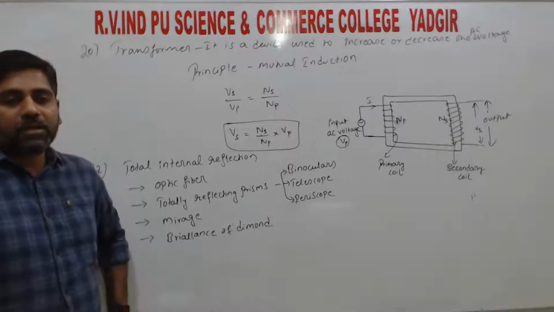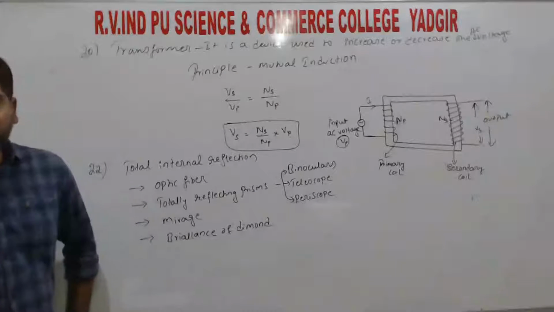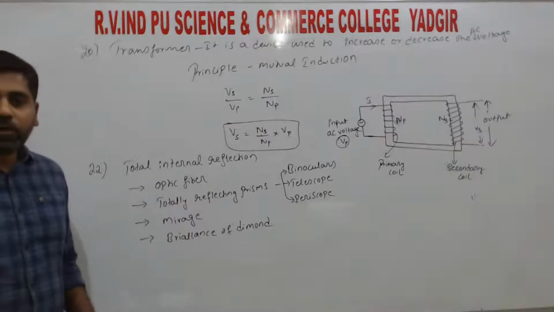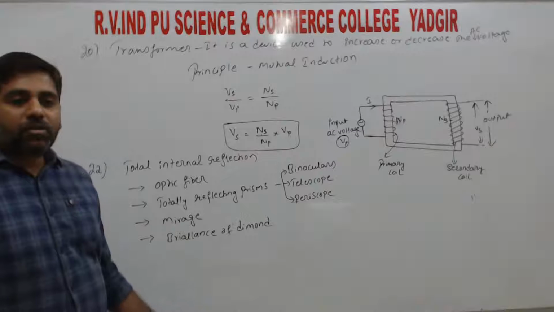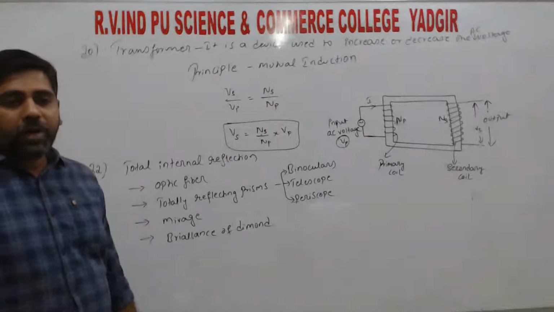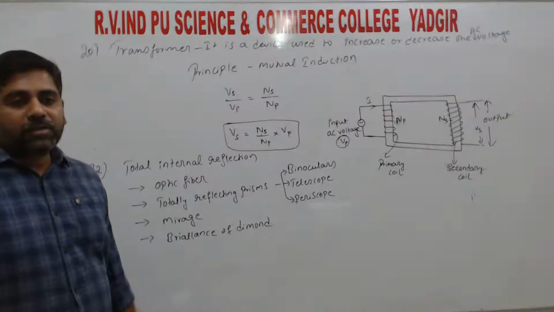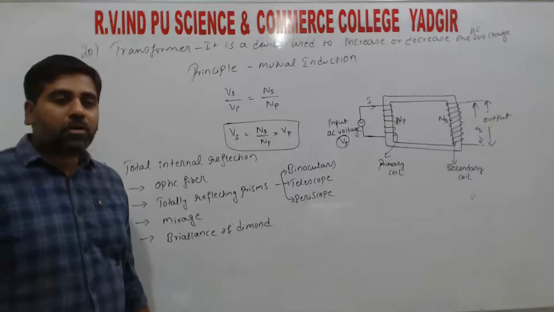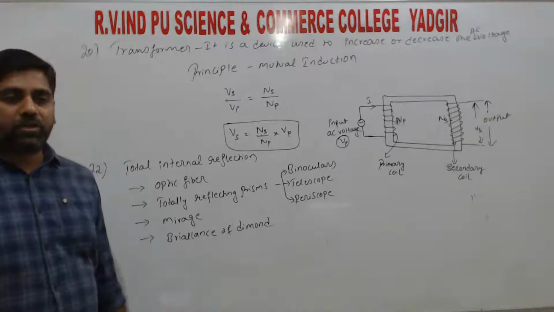That we call the critical angle, right? The two conditions for total internal reflection: the light should travel from the denser medium to the rarer medium, and the angle of incidence must be greater than the critical angle. Those are the two conditions for total internal reflection, right?